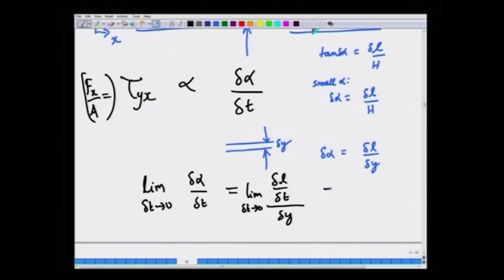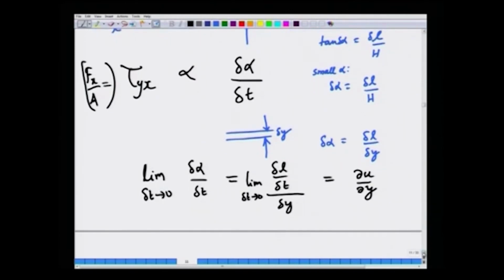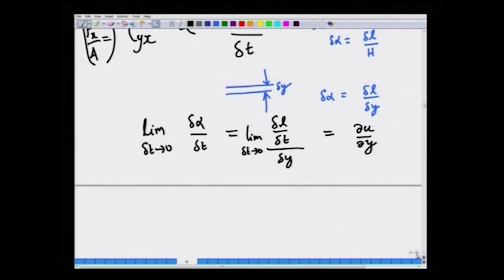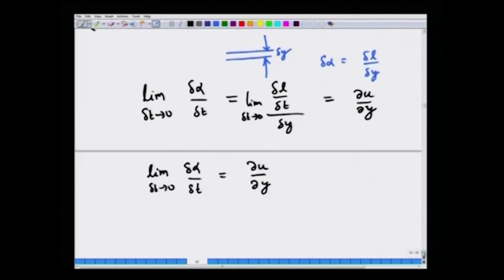So, as delta t goes to 0, delta L by delta t is nothing but the velocity. Delta L is delta u times delta t. So, this is the velocity divided by the differential distance delta y. So, in the limit delta t going to 0, the rate of deformation as measured by the rate of change of angle is nothing but the partial derivative of the velocity in the x direction with respect to y.